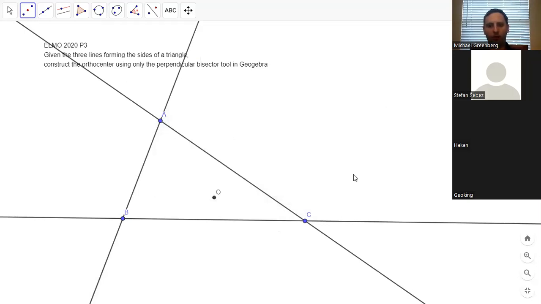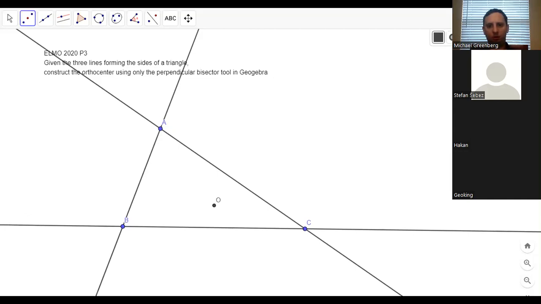The reflection of the 9-point center across the A midline.